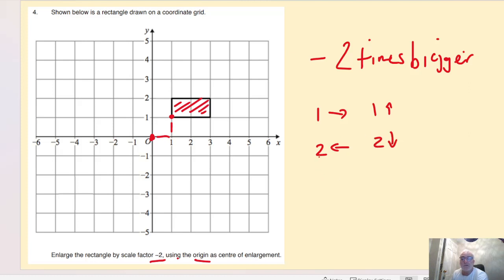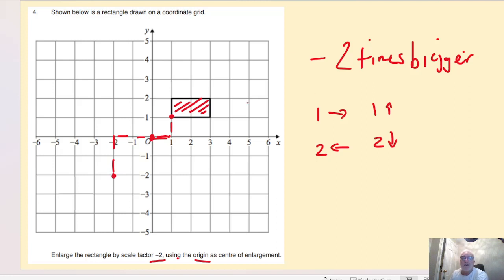So I've doubled my numbers. My scale factor has been doubled. And I've gone the opposite direction, the inverse. So we've got that point there, and instead of going 1 to the right, we're going to go 2 to the left, and then 2 down. That's that vertex. So I've gone twice the distance.